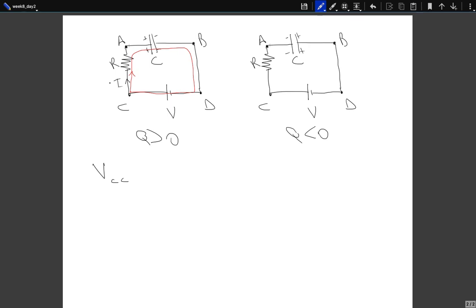Now, what is the potential difference between the point C and C across this loop? From the point C to A, what is the potential drop? I times R. From the point A to the point B, what is the potential drop?